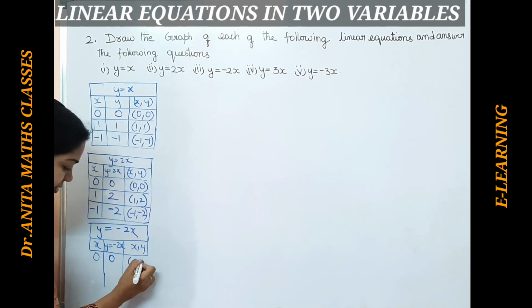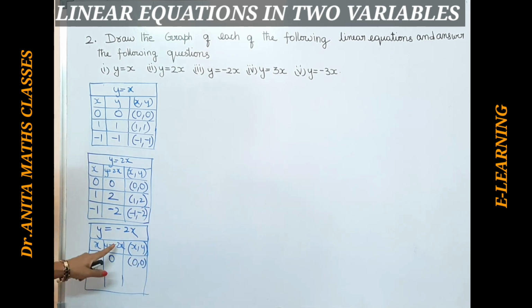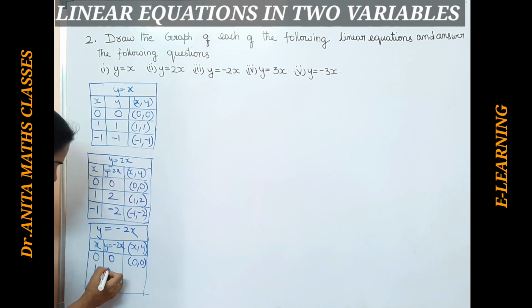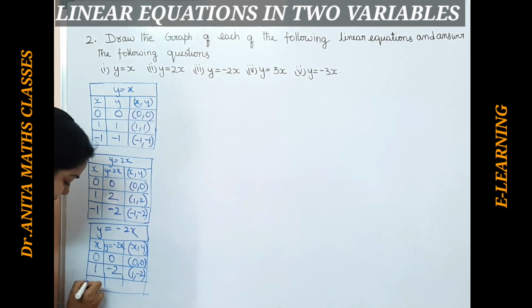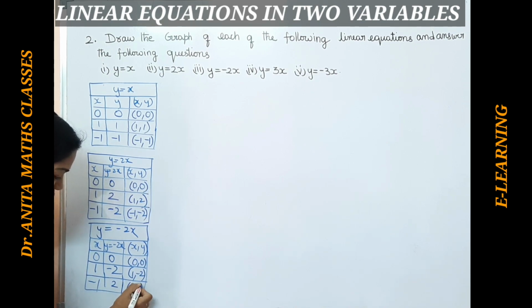So, 0 comma 0. Let us take 1. So, 1 into minus 2 becomes minus 2, 1 comma minus 2. Now, let us take minus 1. Minus 1 into minus 2 is plus 2. So, when we take minus 1, we get 2.